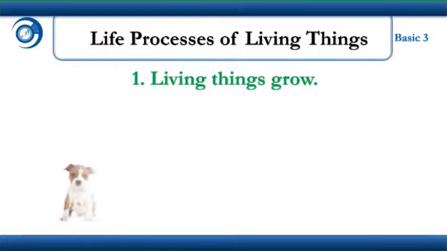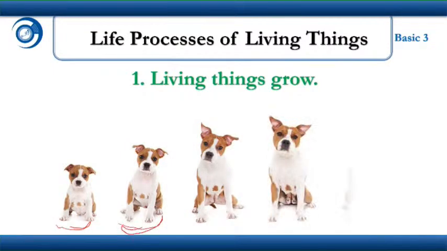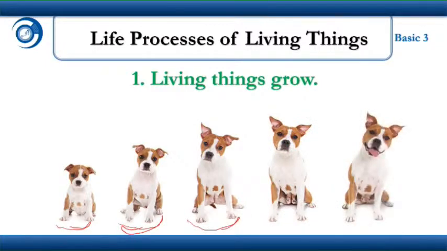Let's look at the screen. You see a puppy there. The puppy will eat and then grow into this size, and then grow again into this size, and finally becomes a very big dog.